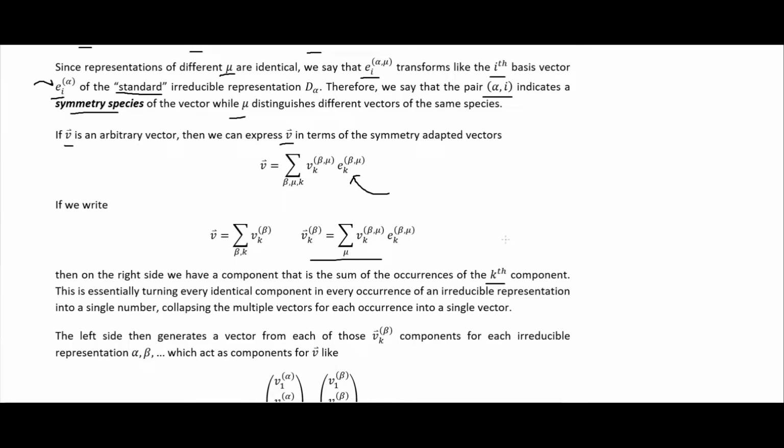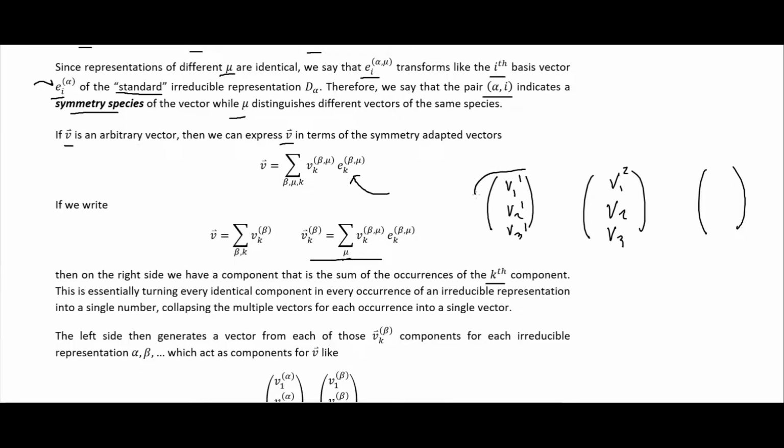Essentially, these are all column vectors, so we'd have a v1, v2, v3 for the first occurrence, then a v1, v2, v3, and so on for the second occurrence. We are summing over the occurrences, this mu.